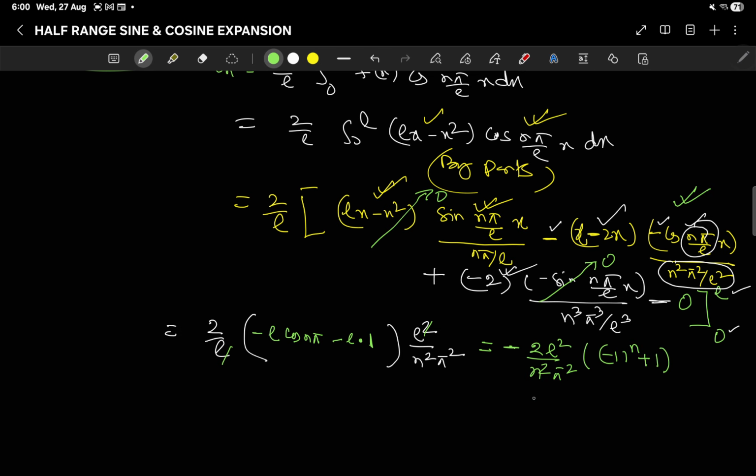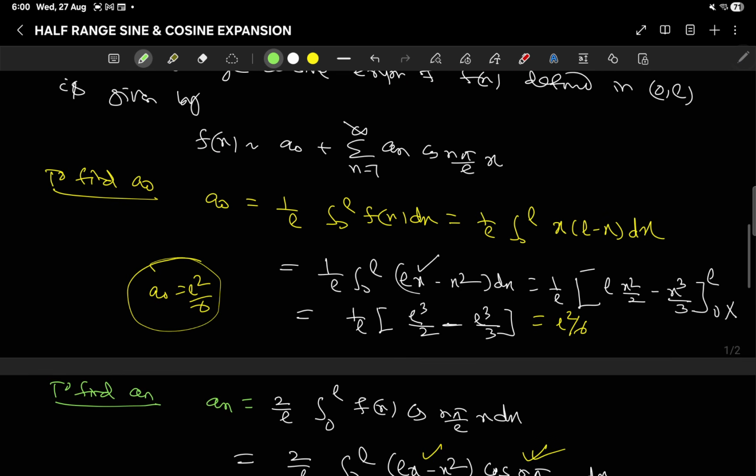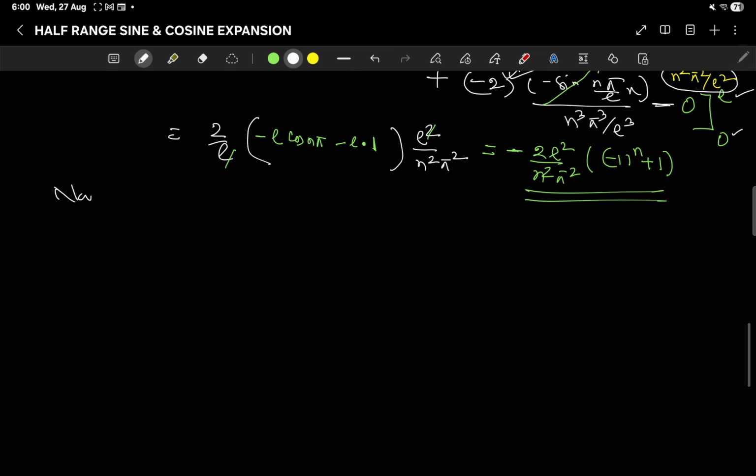So this is here a_n. Now you substitute this in here, let it be your equation star. Now star follows: f(x) is equal to a0, which is here L square by 6, minus here a_n.